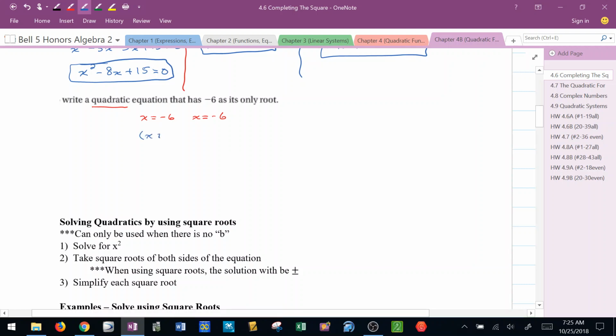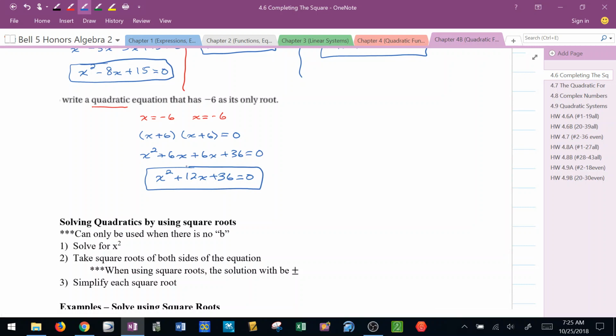It came from x plus 6 times x plus 6, which would be x squared plus 6x plus 6x plus 36 equals 0, or x squared plus 12x plus 36 equals 0. All right, so the first thing is, how do I write an equation from a root? That's the process. It's pretty simple.